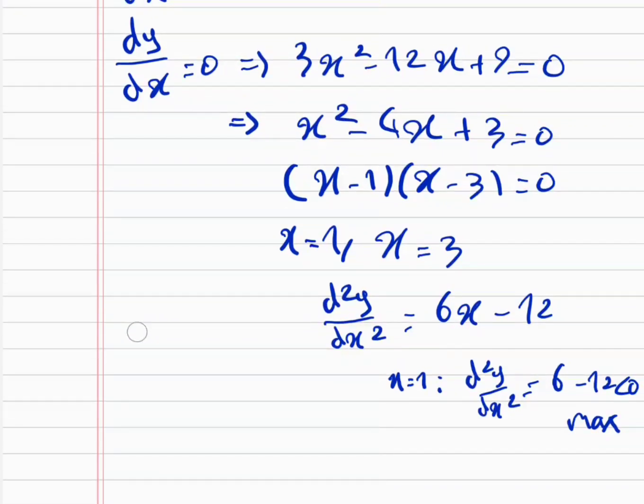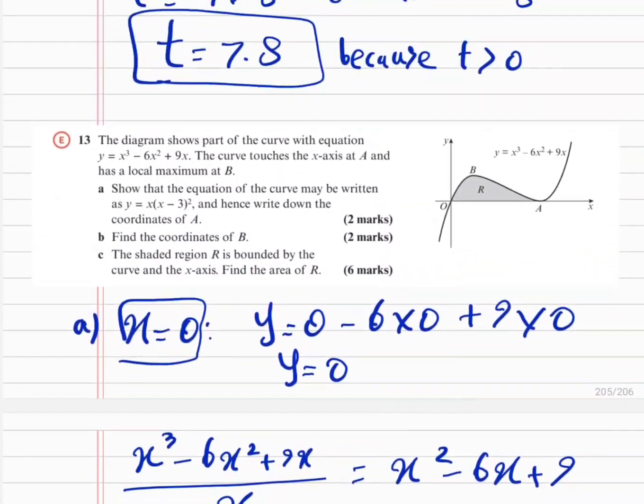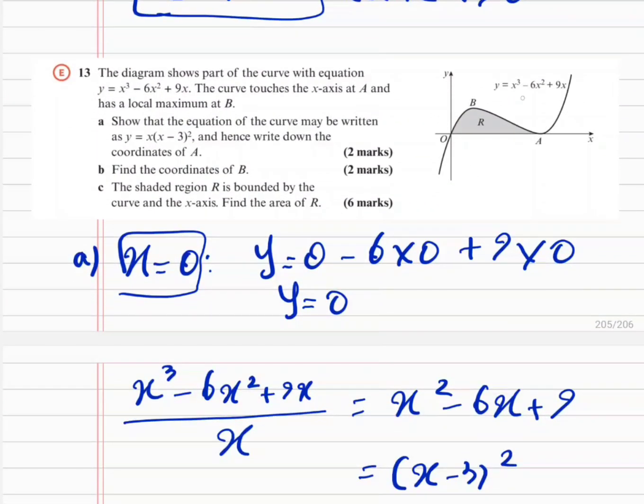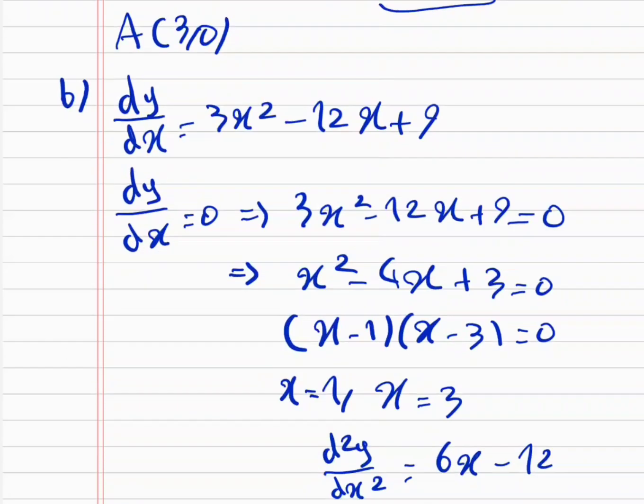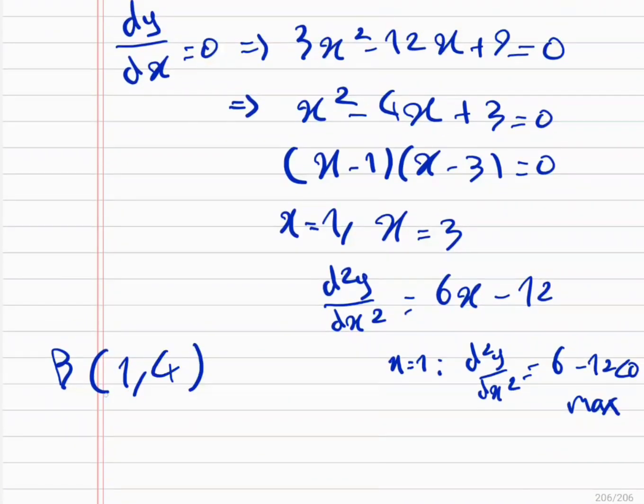Anyway, so point B has x coordinate 1 and then the y coordinate, when we substitute 1 into the equation of y, we'll get 4. So this is the coordinate. We have the coordinates of B.